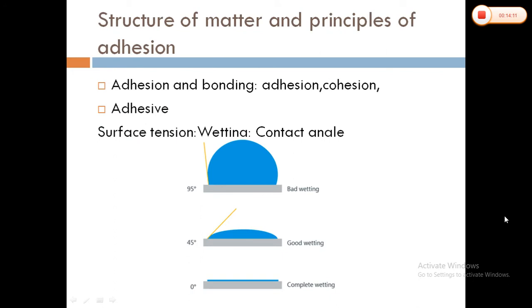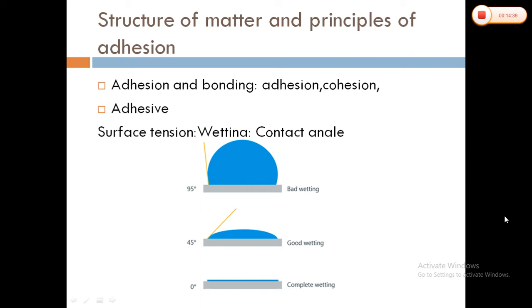Coming to adhesion and bonding. One more main basic property is adhesion of materials, dental materials. Adhesion is nothing but attraction between unlike molecules, whereas cohesion is attraction between like molecules.